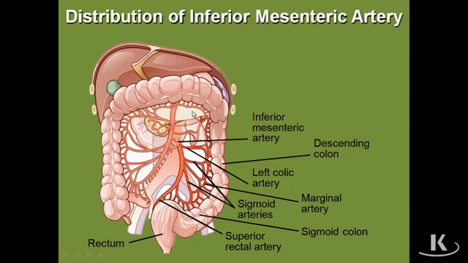Now, this is the region of the junction between midgut and hindgut. And that's why we would anticipate that there would be overlapping blood supply between branches of the inferior mesenteric, represented by the left colic, and the superior mesenteric, represented by the middle colic.